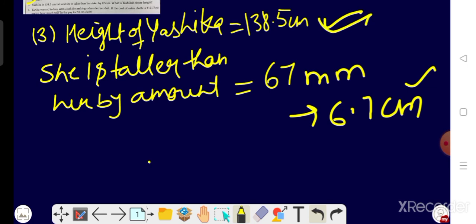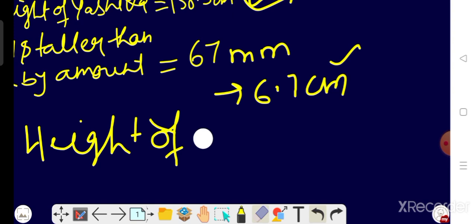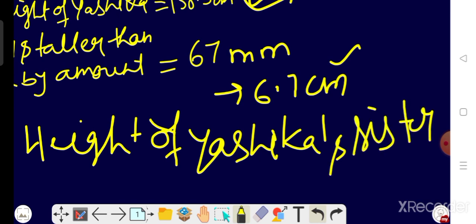Okay, so to find the height, Yasika is taller and this implies the height of Yasika's sister is smaller than Yasika. So to find the height of the sister, what do we have to do? We have to subtract this amount from the height of Yasika.